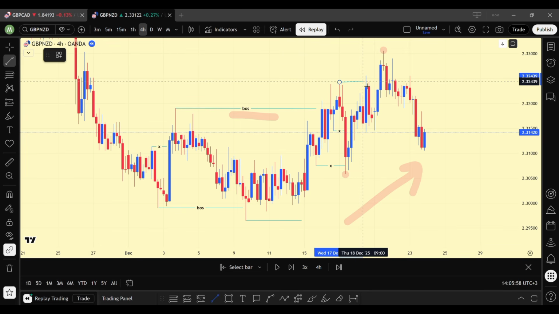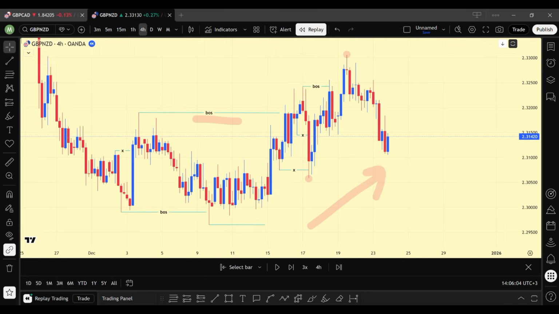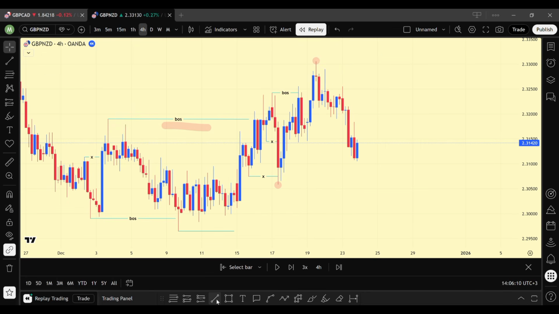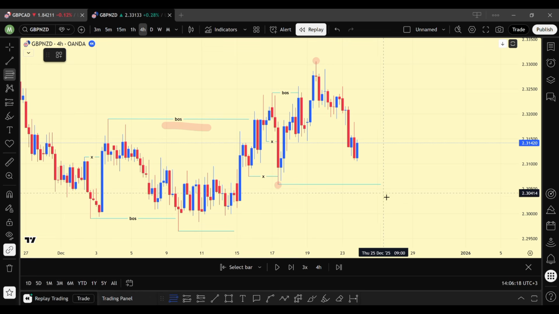And we know once that happened, that is a valid break of structure to the upside. So this confirms that we are in a new trading range that ranges from this low all the way to this high.